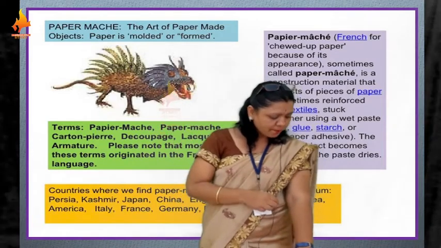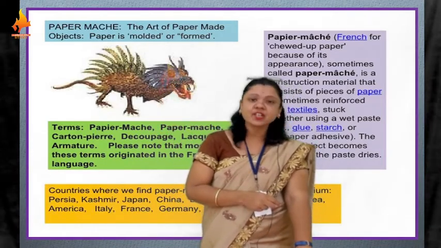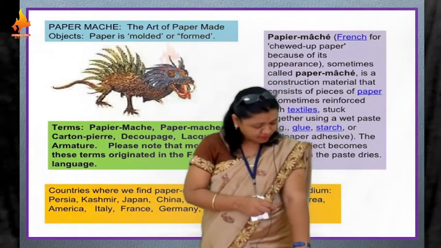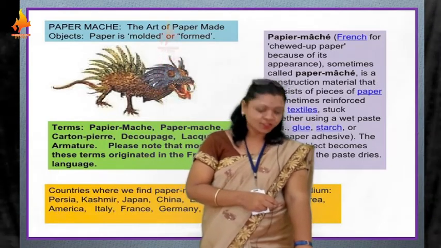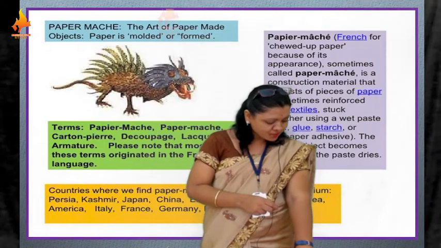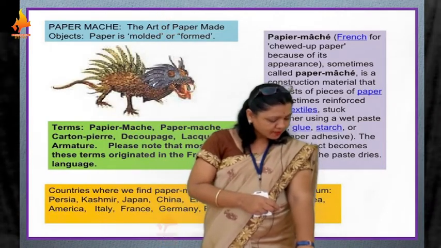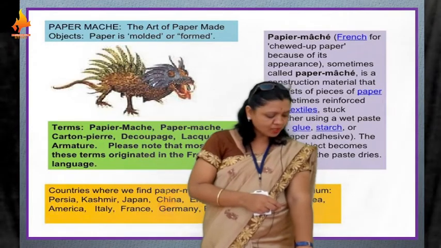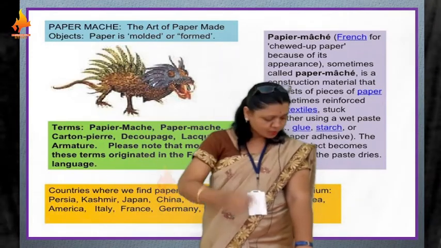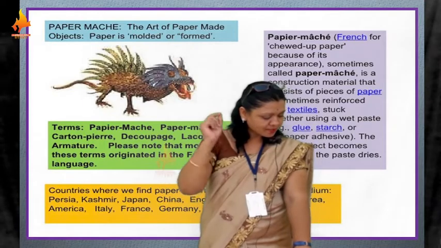The origin of paper mache dates back to ancient China. One of the earliest known uses of paper mache was among ancient Egyptians who used it to craft masks used in death ceremonies.